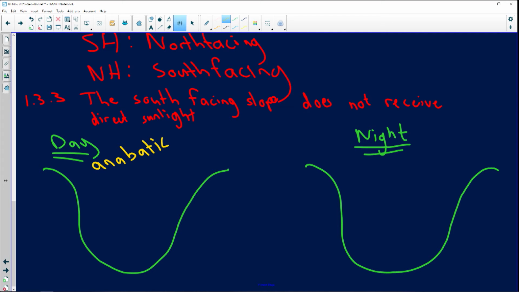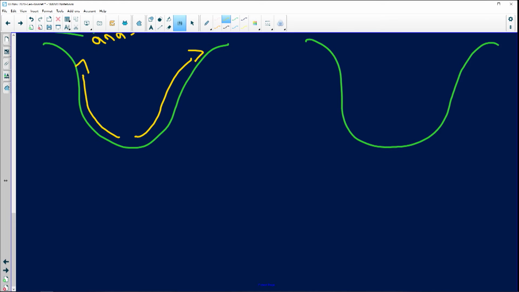Why? Because the air comes into contact with the slopes, the air becomes light and less dense, and it starts to rise. It rises parallel with the slopes. It's known as anabatic breezes. I'm going to write that in: air comes into contact with the slopes.